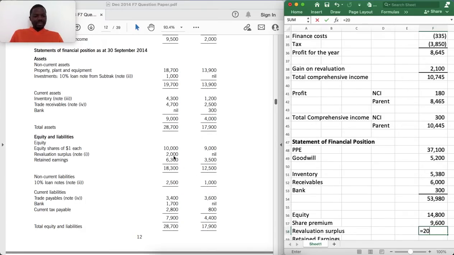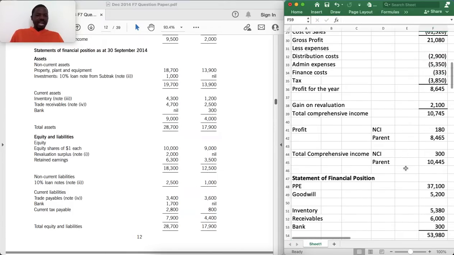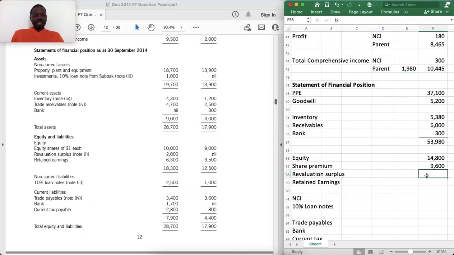2,000. Before that, let's march on to our statement of profit or loss and other comprehensive income. The difference between this 8,000 and the 10,000 is the revaluation surplus. So we say 10 less 8.4. This is the revaluation surplus that is added to the parent during the year. So now let's march on here.